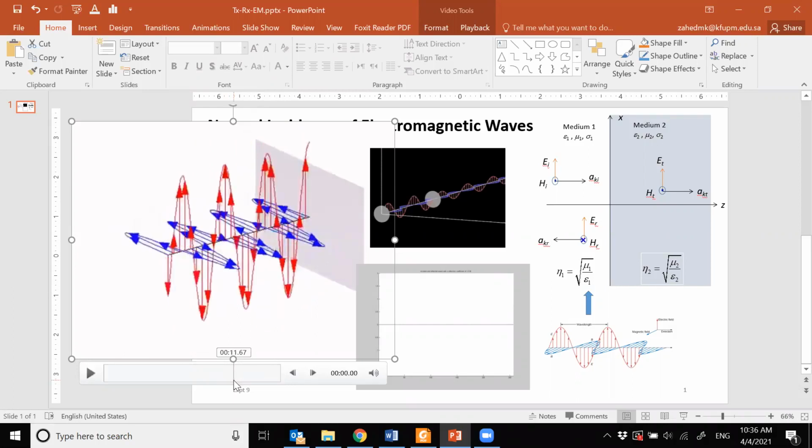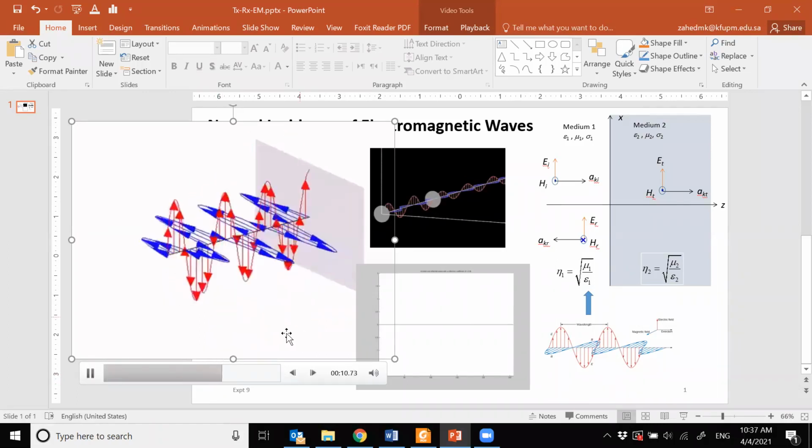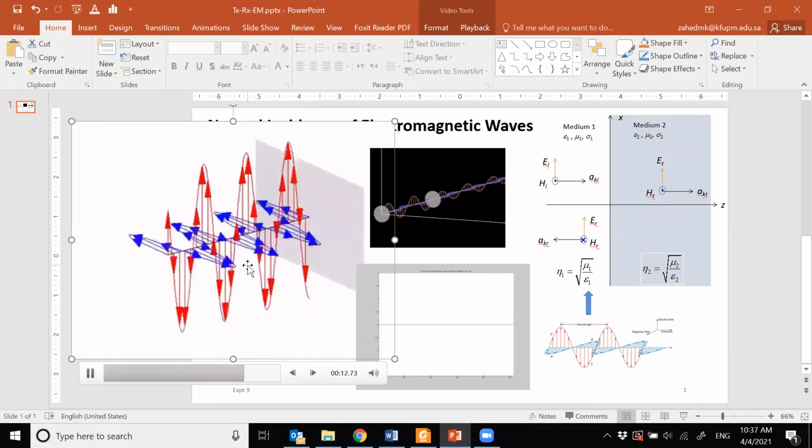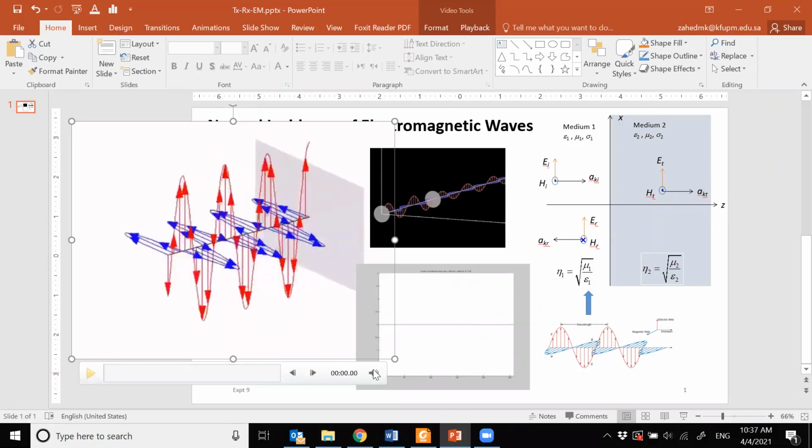You no longer see them propagating, because the propagation in the positive Z direction and the propagation in the negative Z direction are adding in such a way that your overall electric field and the overall magnetic field are dancing. Clear? So this is called the standing wave pattern.